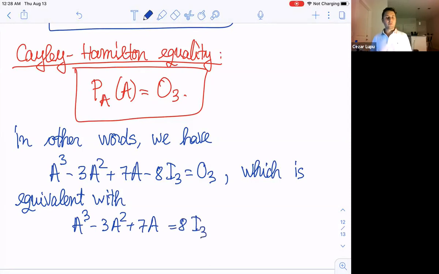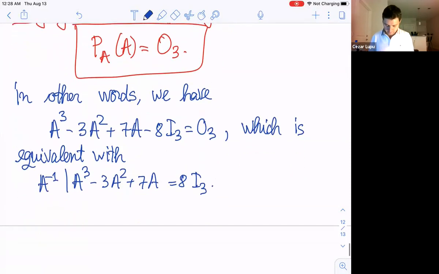And now what we're going to do, since we know that the inverse actually exists, we have seen that the determinant is non-zero, let's multiply to the left by A inverse, and we're going to get the following.